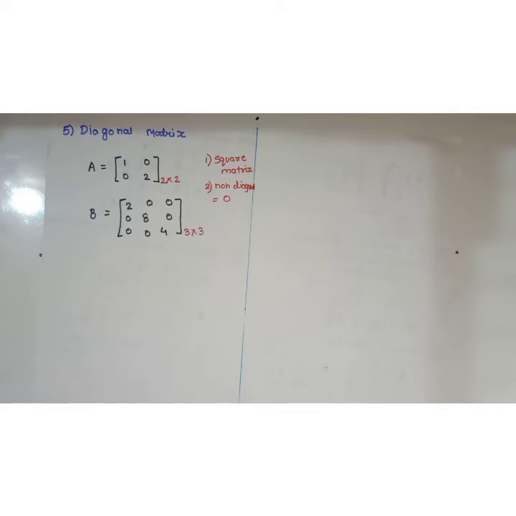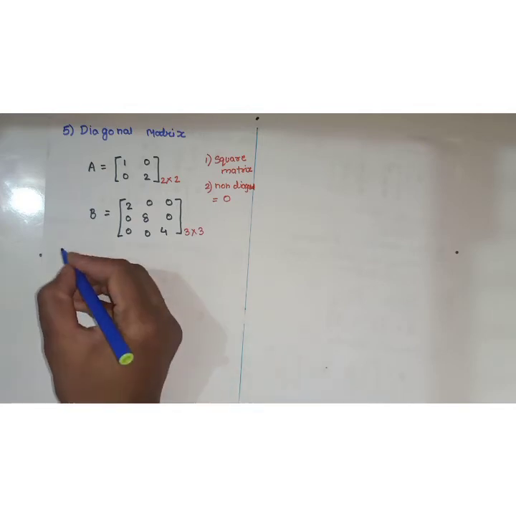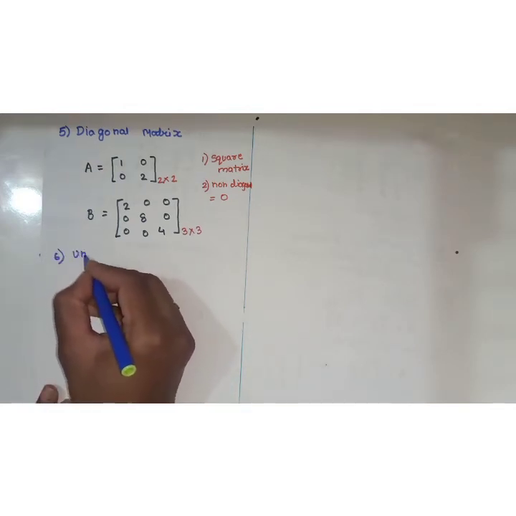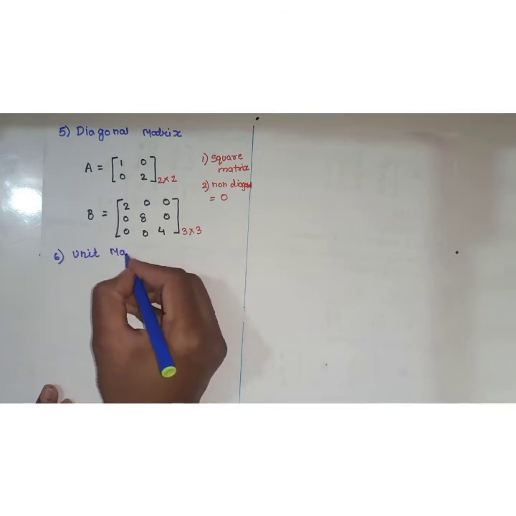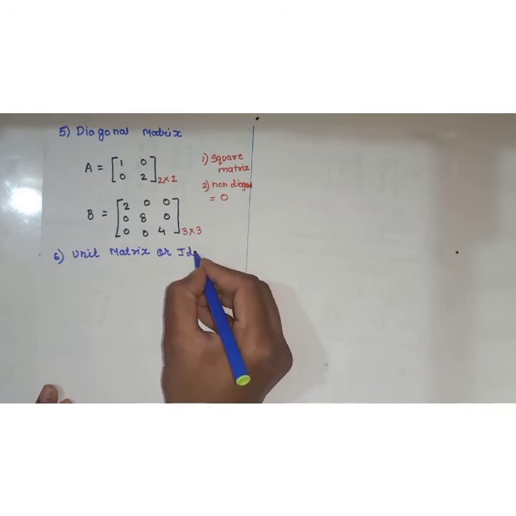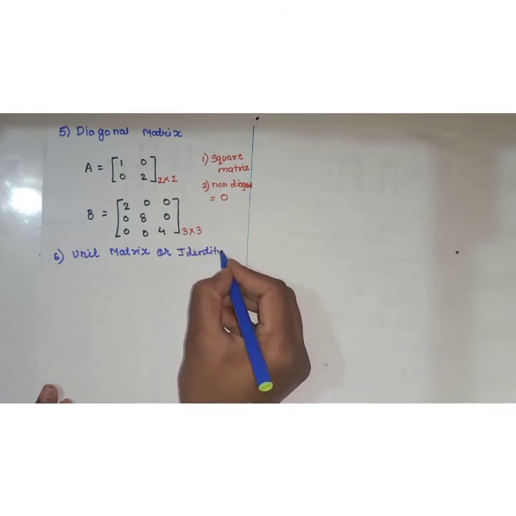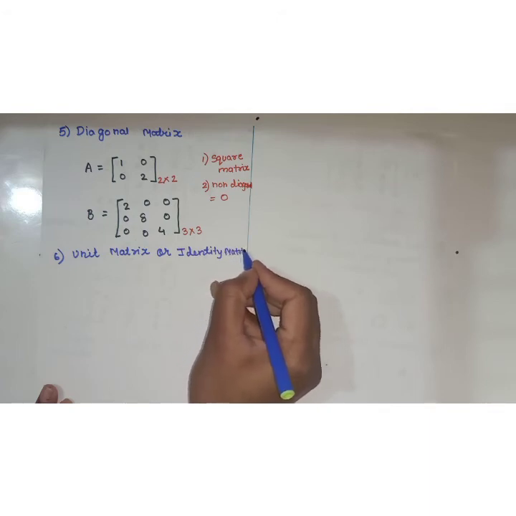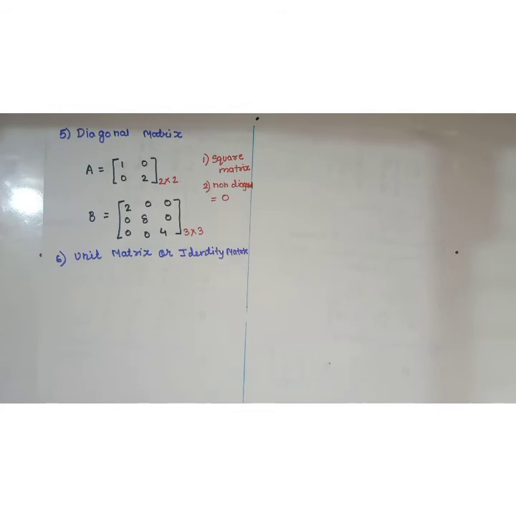Then the next one is the unit matrix, which is also called the identity matrix. A square matrix in which every diagonal element is 1 and every non-diagonal element is 0, then we call it a unit matrix. Here for a unit matrix, three things are needed.